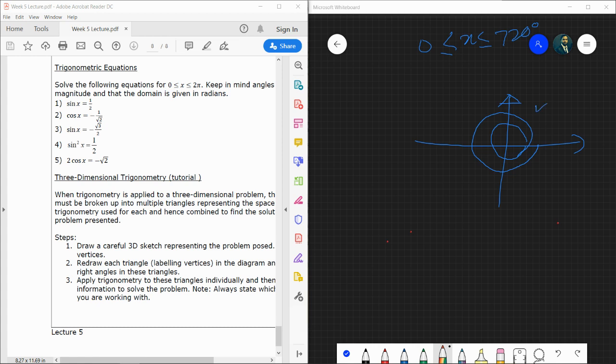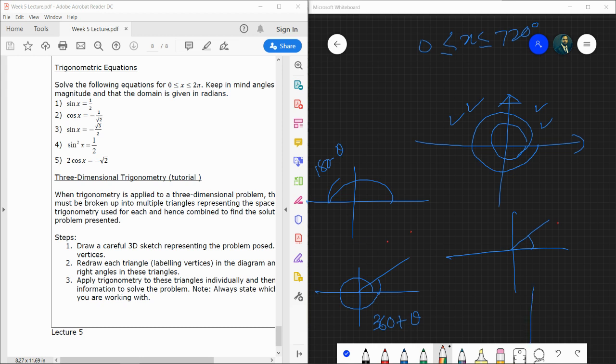So how many times can we have results? We can have sine positive here, and then sine positive here, and sine positive there. In other words, we can have sine theta. We can have sine 180 minus theta. We can have sine 360 plus theta.